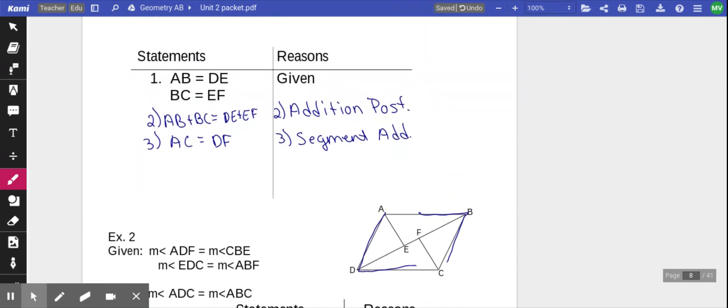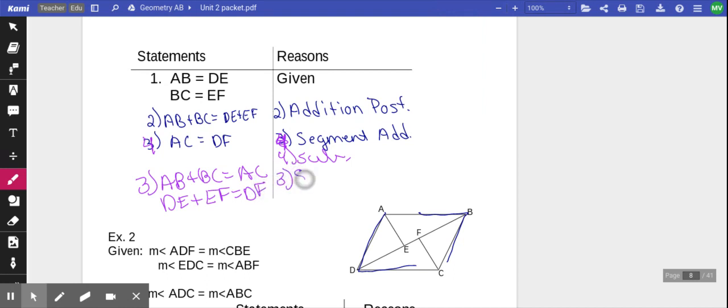And similarly up here, this really should have been 4 with substitution. And 3 should have been AB plus BC equals AC, and DE plus EF equals DF. And that's segment addition.